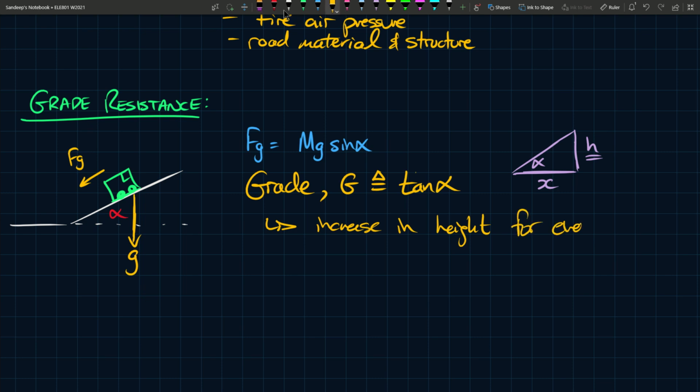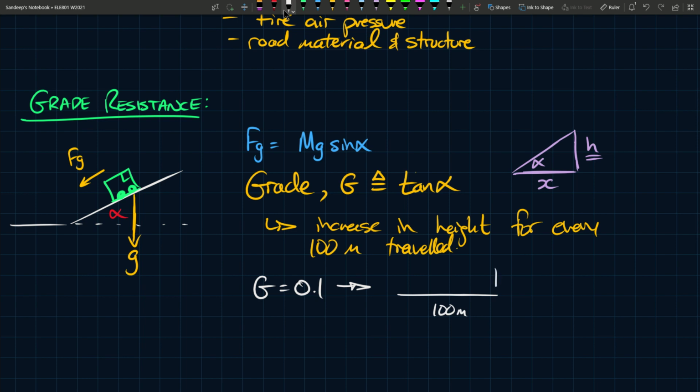Let's say, for example, you have a grade G equals 0.1. What that means is you traveled 100 meters and you went up 10 meters. Sorry, 10 meters, not 1 meter. That would be 10%. So you went up 10 meters.